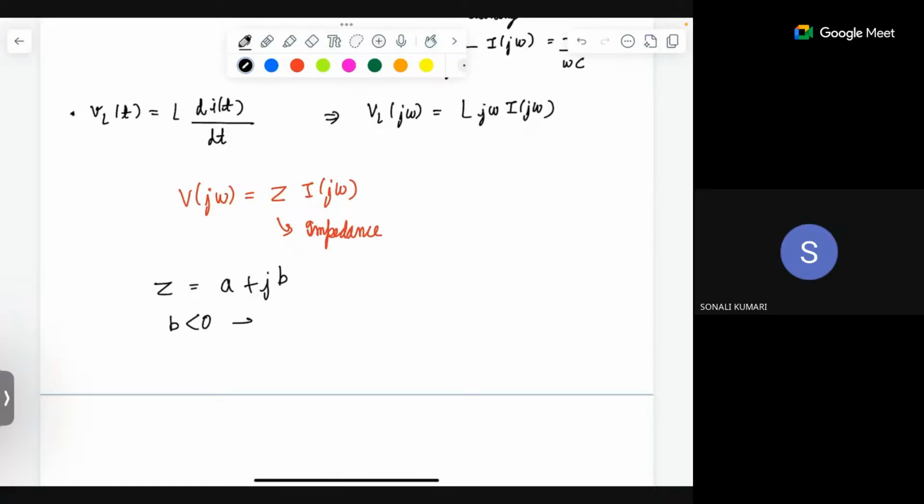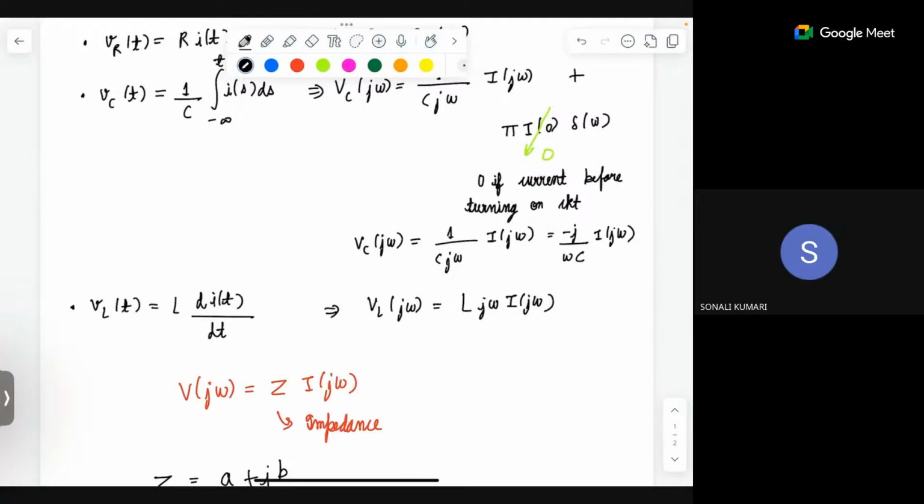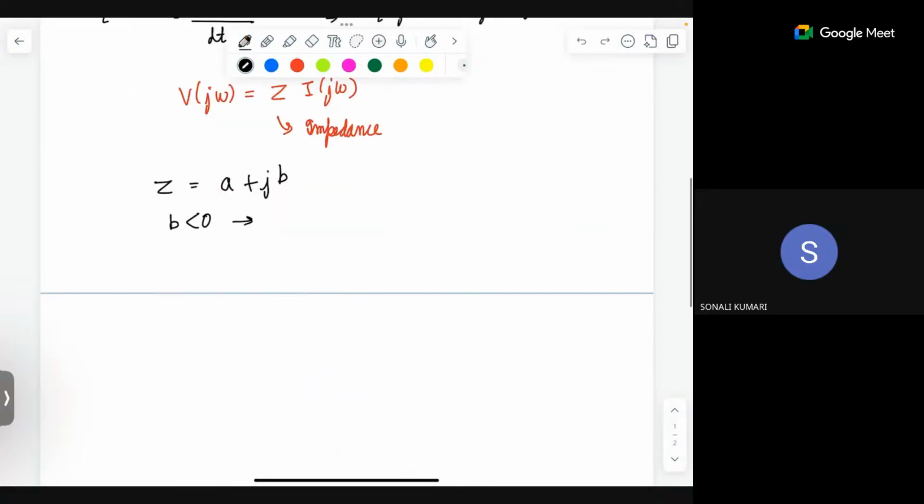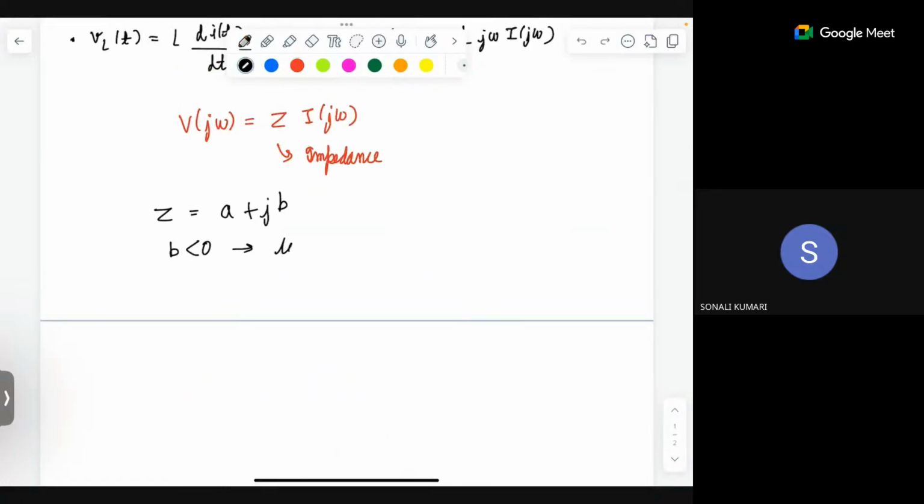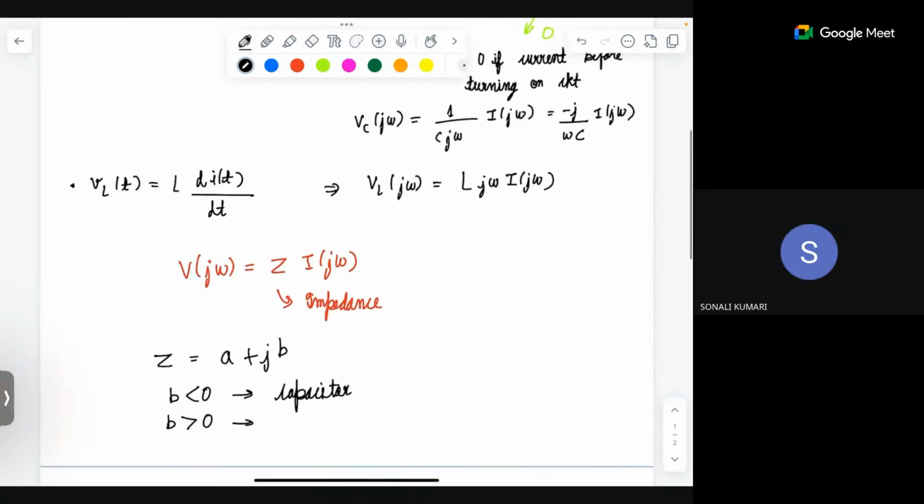When B is less than 0, look at the capacitor, there is this negative sign. That means I have a capacitor. If B is greater than 0, look at the inductor, it is positive.